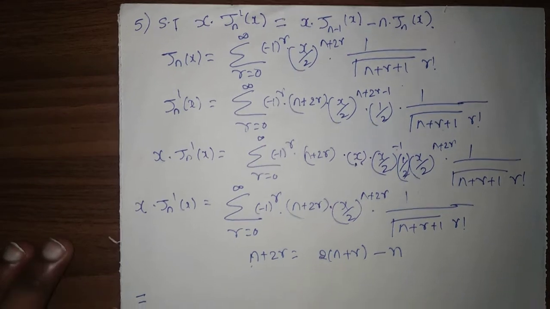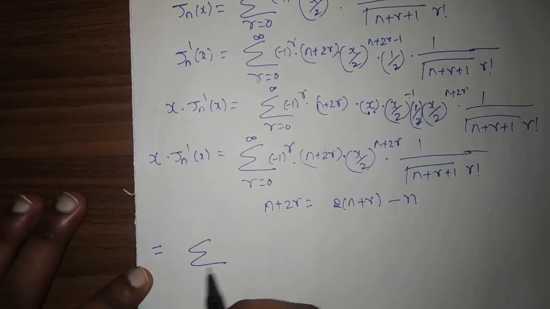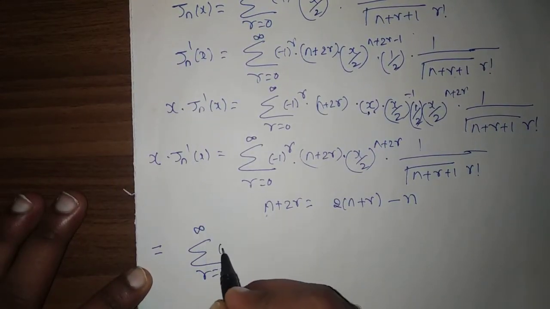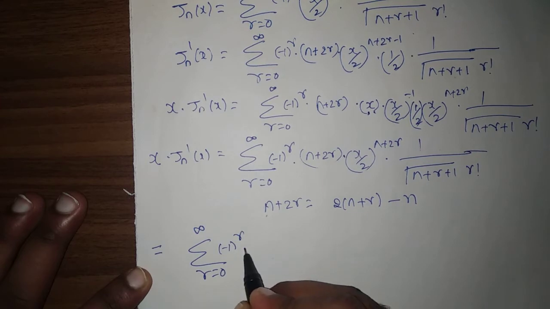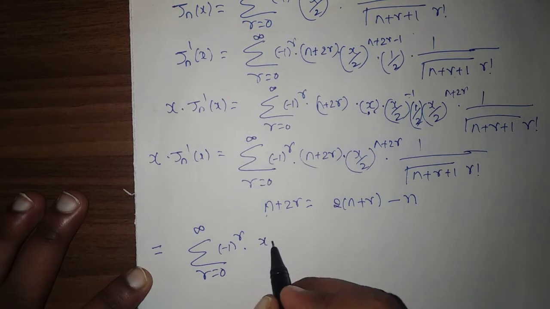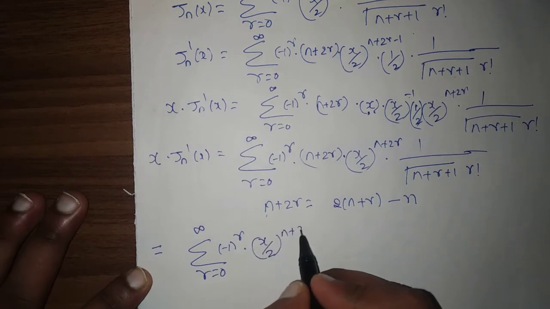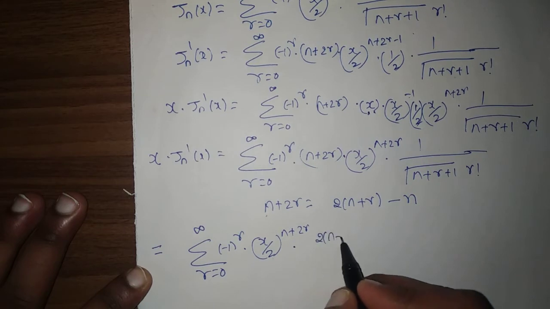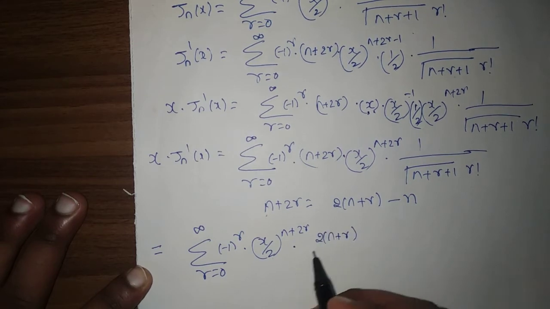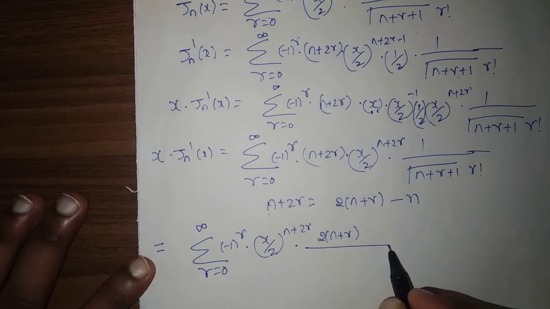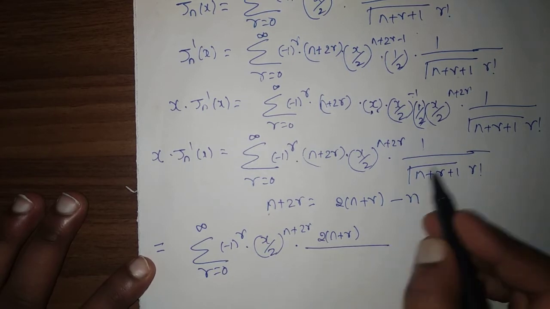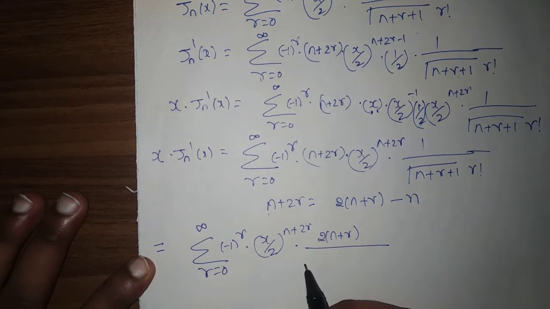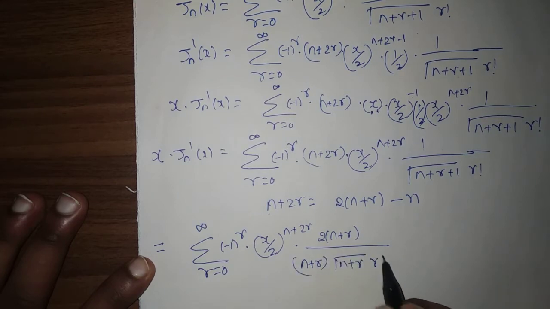So what happens now? Summation r varies from 0 to infinity, minus 1 to the power of r into x by 2 to the power of n plus 2r into 2 into n plus r divided by, so this gamma of n plus r plus 1 can be written as n plus r into gamma of n plus r into r factorial.